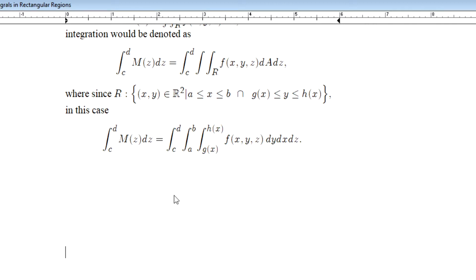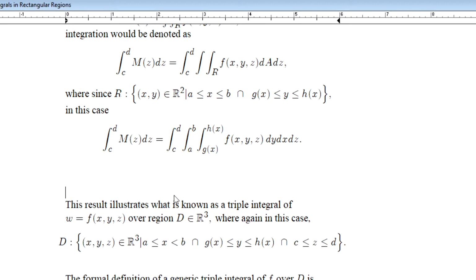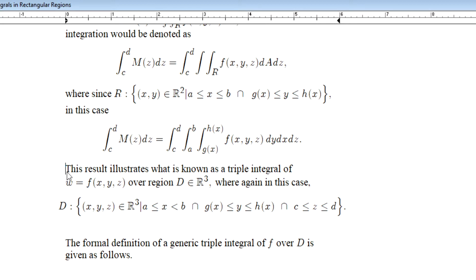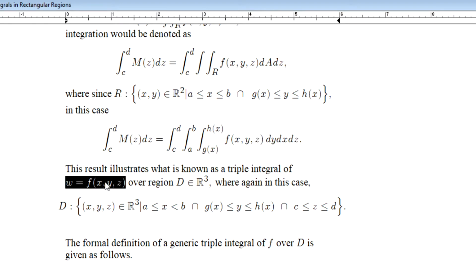And that is illustrating what we say is a triple integral. What I do point out is this result illustrates what's known as a triple integral, this result right here. A triple integral of that multivariable function w equal to f of x comma y comma z that occurs over what we say is a region D that actually defines a solid region of space in 3 dimensions.